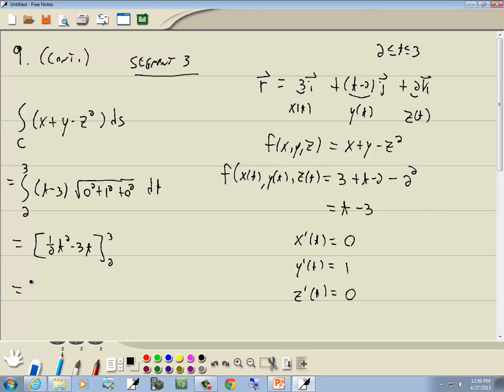If we plug 3 in now, we got 1/2 3 squared minus 3 times 3 minus, plug 2 in, and we got 1/2 times 2 squared minus 3 times 2. 3 squared is 9, times a half is 9/2. Negative 3 times 3 is negative 9, minus 2 squared is 4, divided by 2 is 2, minus 3 times 2 is 6.